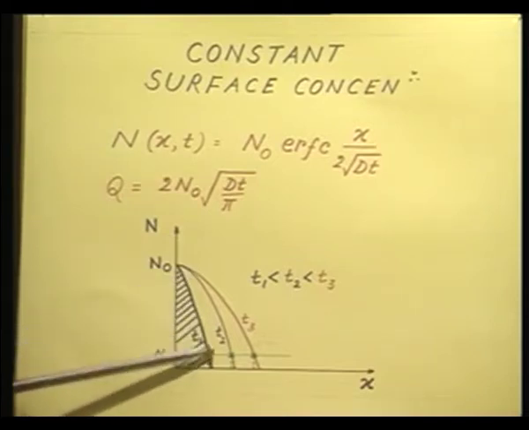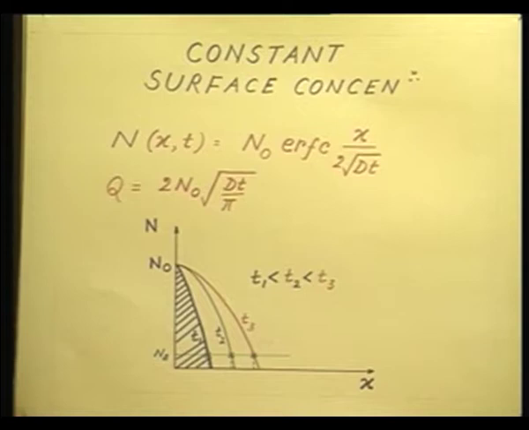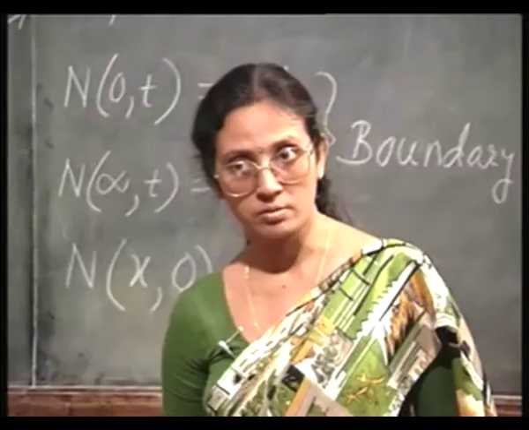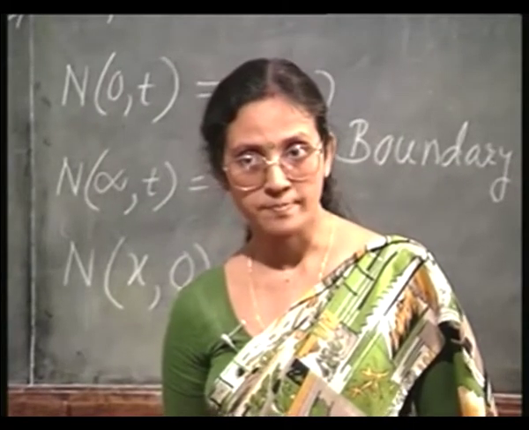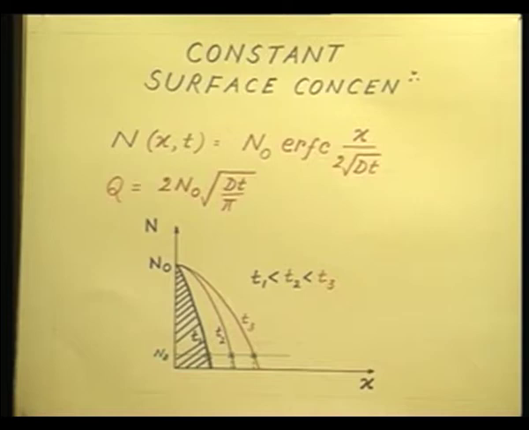In other words, that is the point where the two impurity concentrations are going to be the same. So, this is the junction, right. How do I find the junction depth? All I have to do is, I know that at this point the doping concentration is equal to the background doping concentration, that is N is equal to NB.